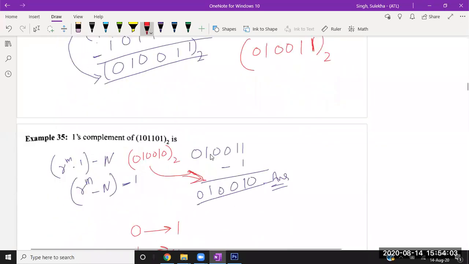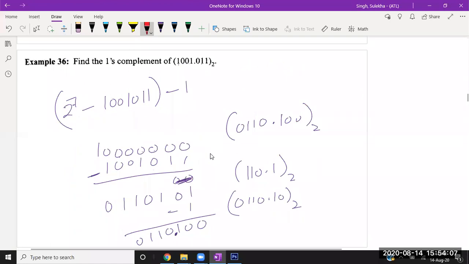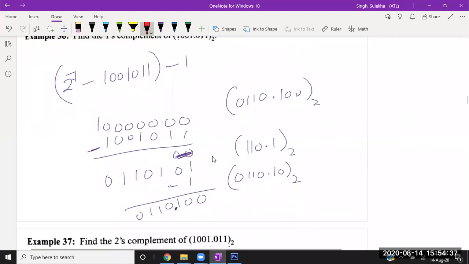For better understanding, I will go for this one. The same thing you need to do for this number also. Okay, this is one's complement. Where is two's complement?